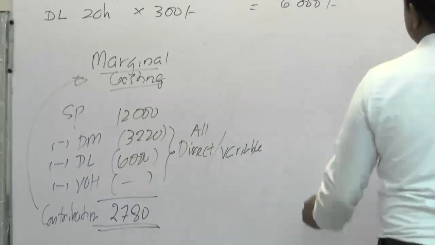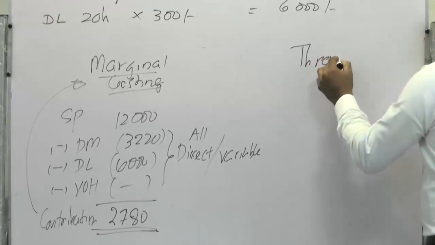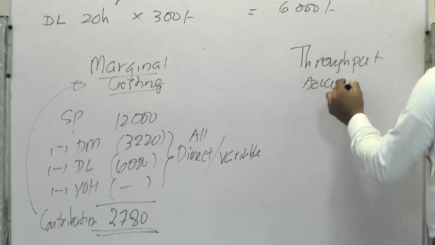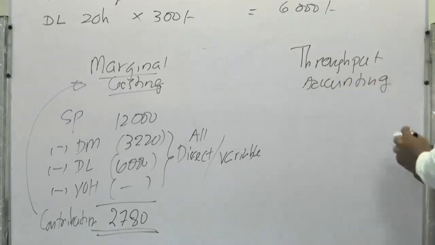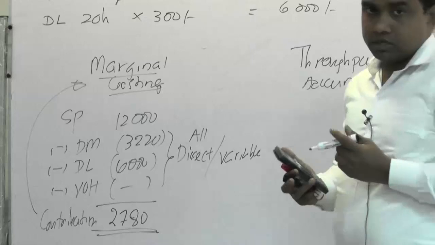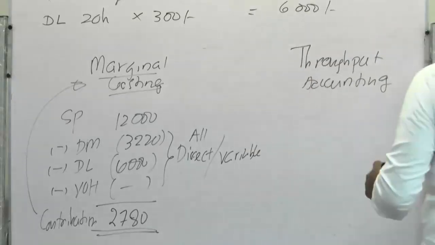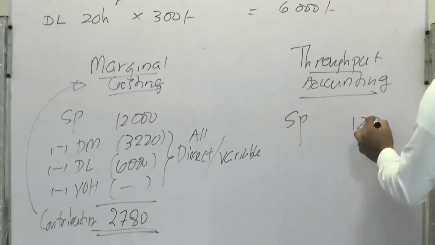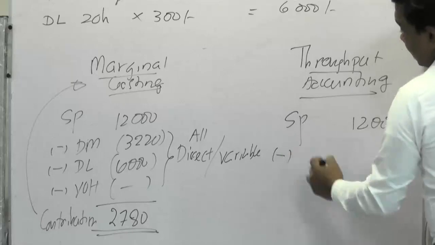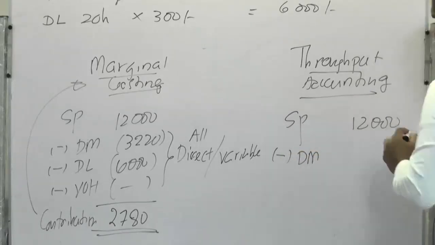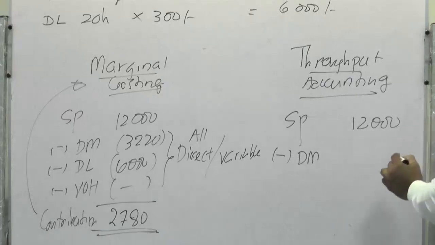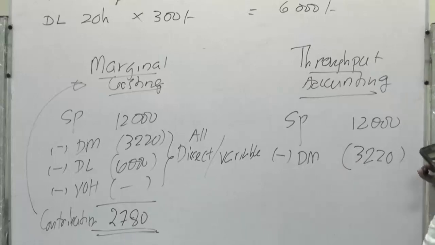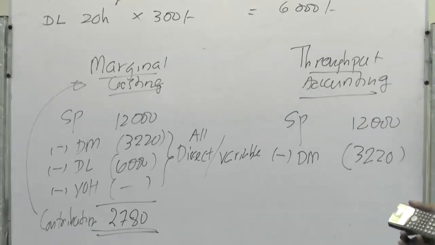There is another method called throughput accounting. In throughput accounting, we will consider contribution after deducting only material cost. Therefore, we will take selling price as 12,000 and deduct only direct material cost, that is 3,220. You are not going to deduct direct labor and direct overhead.